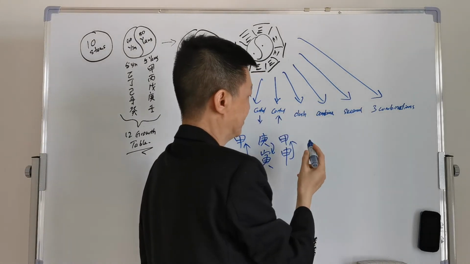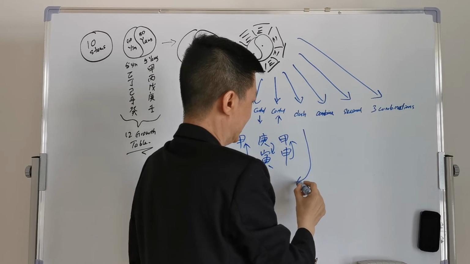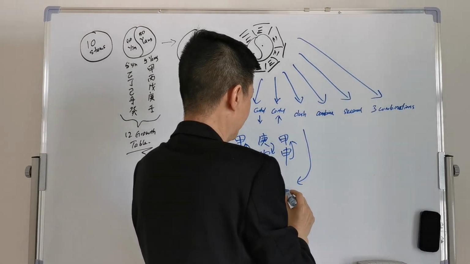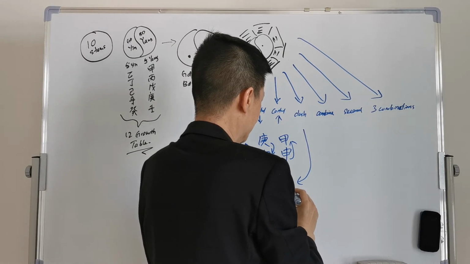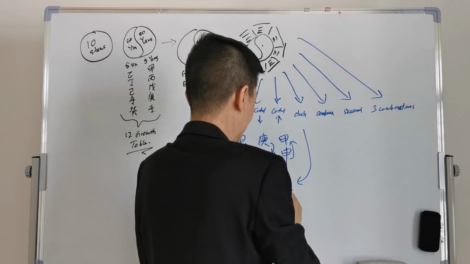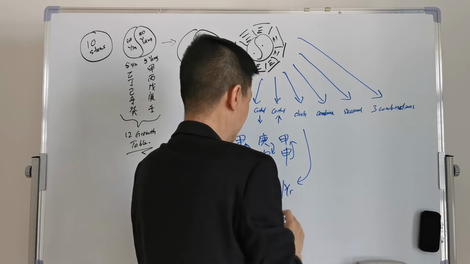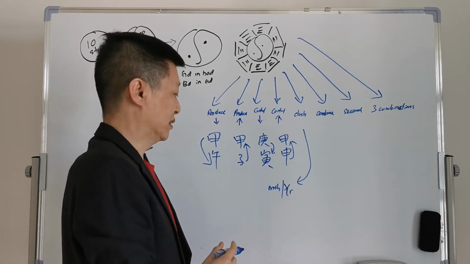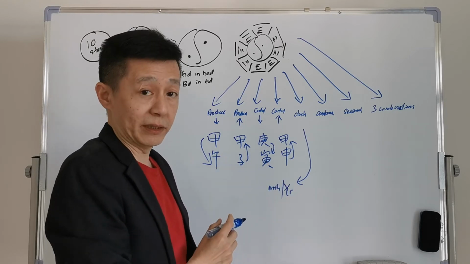Okay, clash. Clash can be in the year and month. This is called clash between year and month. Which one clashes which one? The month clashes the year or the year clashes the month?